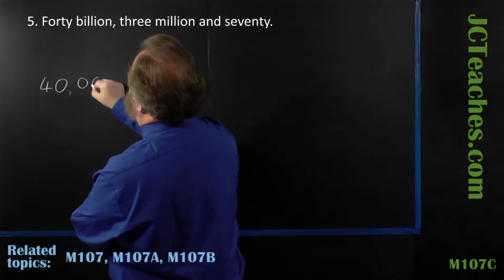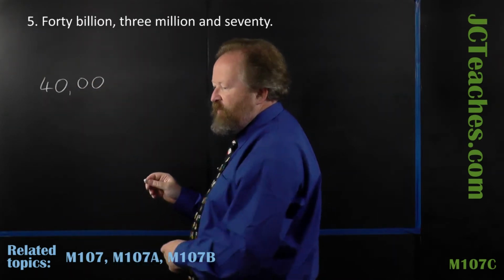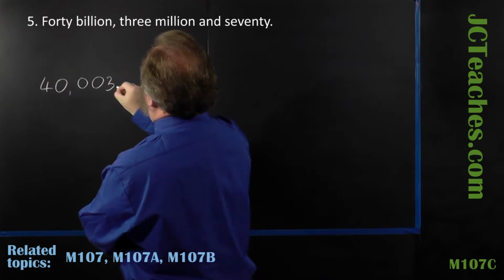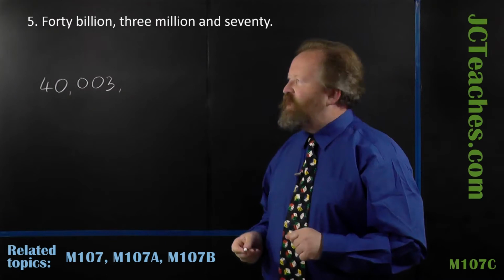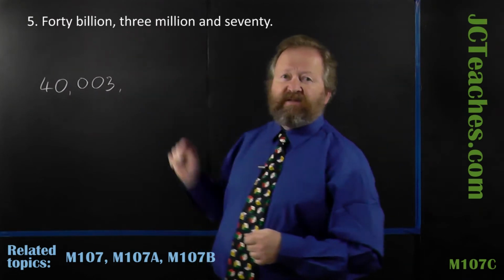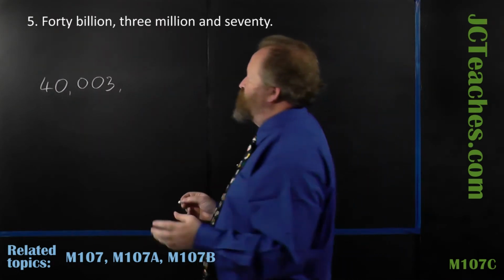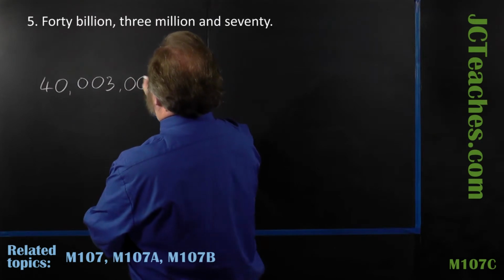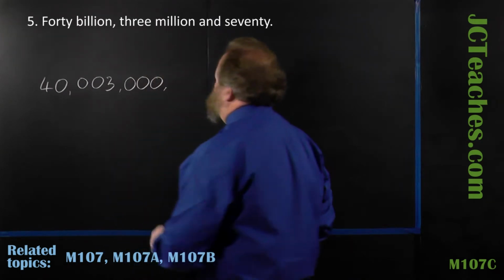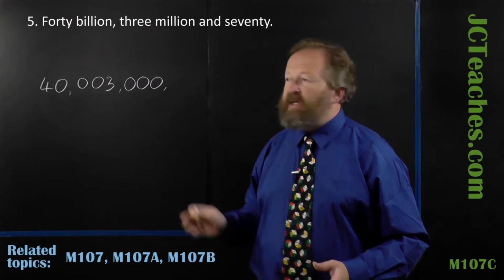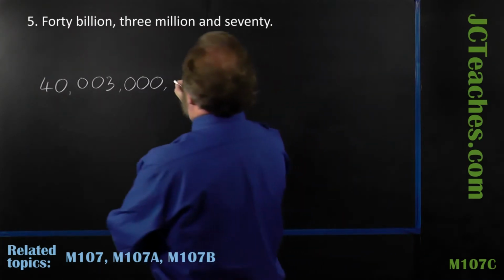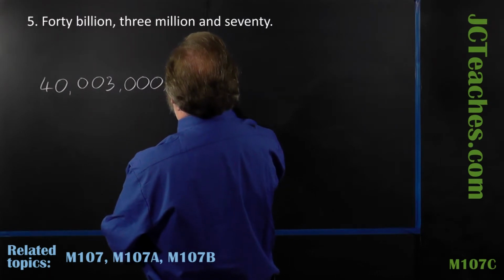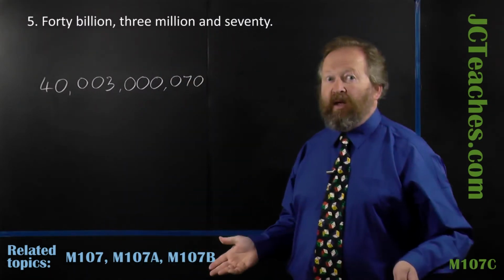We haven't got any hundreds of millions or tens of millions. We've only got 3 million. What comes next? Thousands, yes. There are no thousands, so we've got to put our 3 zeros to make sure the place value is correct for our hundreds, tens and units, which is 70. So we've got no hundreds, 70.